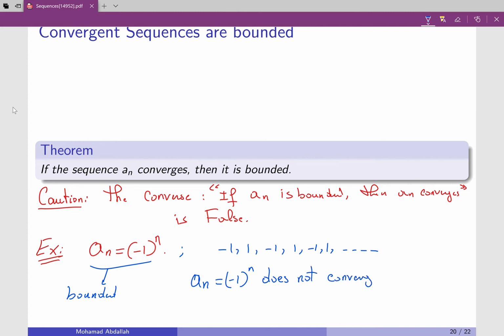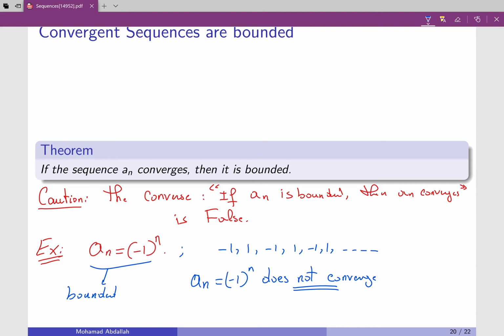The reason why this does not converge is very similar to the idea of cosine and sine. Why does the limit not exist? Because cosine and sine keep oscillating, so they don't approach a single value. The same thing is happening here, because an equal negative 1 to the power n is going to keep changing between minus 1 and 1.